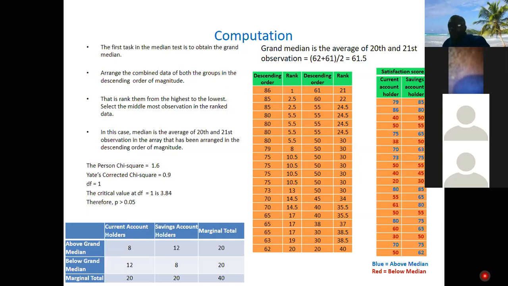Just like we use Mann-Whitney U for two independent groups, median test is not only for two independent groups; it's also for 3 independent groups. So Kruskal-Wallis is the straightforward non-parametric counterpart of one-way ANOVA.